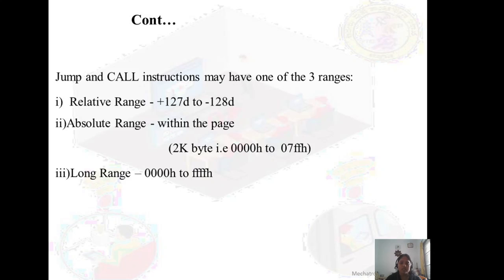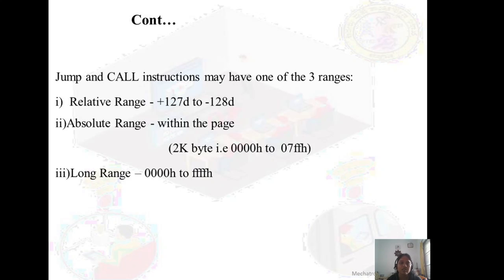Jump and call instructions both will have three ranges: relative range, absolute range and long range. First one is relative range. Remember, relative range will be in the range of plus 127D to minus 128D.